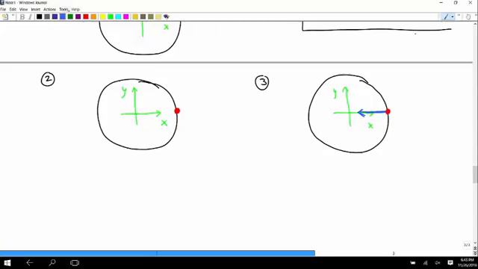And v squared over r, this is a case where we know both of these. So that's 120 squared divided by 250. And that's 57.6.